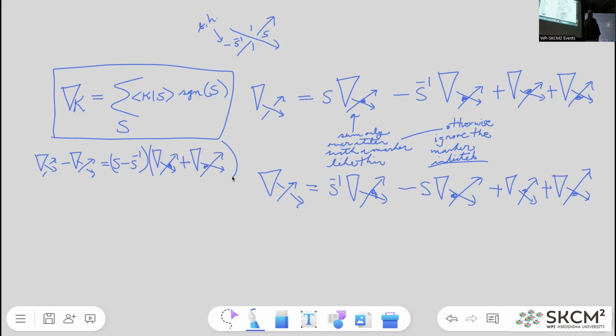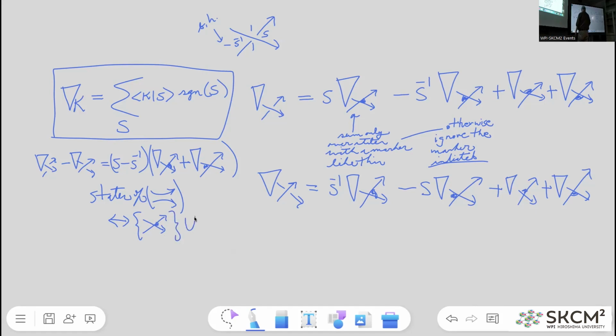But the states of the smoothing link are in one-to-one correspondence with the set of states where you would close it up and put a forward marker here, union the set of states where you would close it up and put a backward marker here.